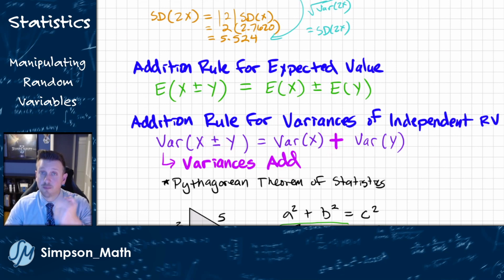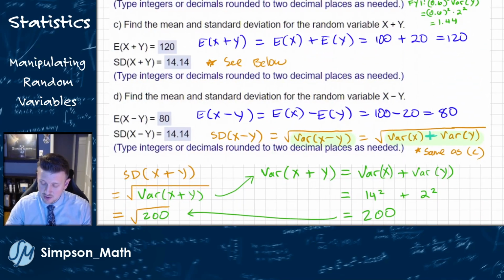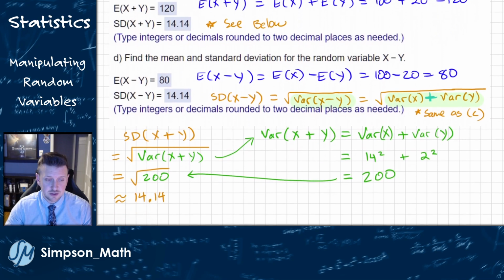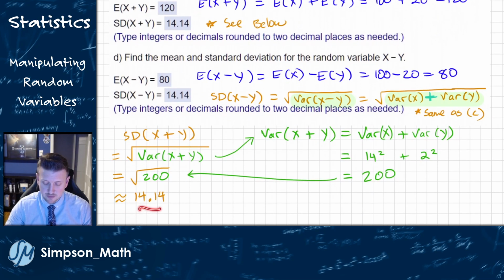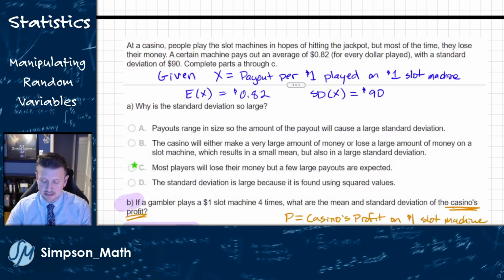We have to do it at the variance level, and we have to add our variances. So the standard deviation of x minus y is the square root of the variance of x plus the variance of y. We already know what that number is. It's 200. So when I plug it back in, the square root of 200 is about 14.14. So I don't care whether I'm adding or subtracting, the expected spread is going to be the same. The center is going to be different, but the spread around that center is going to be the same. All right, let's take a look at this last example here.